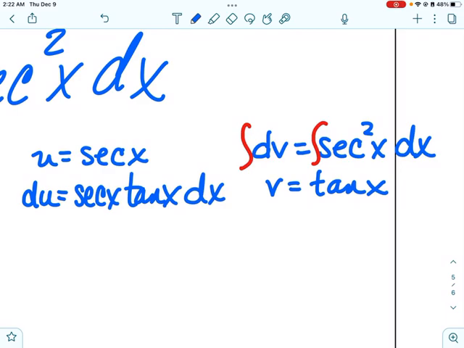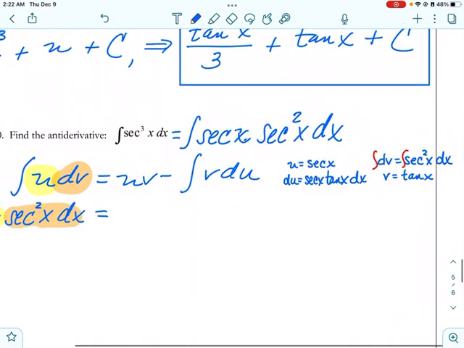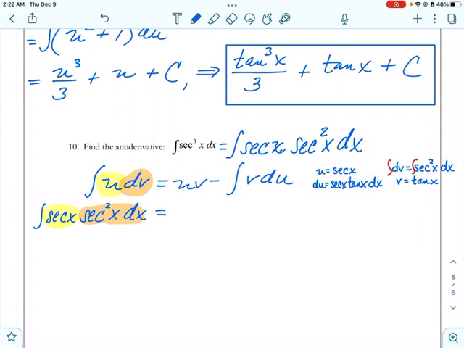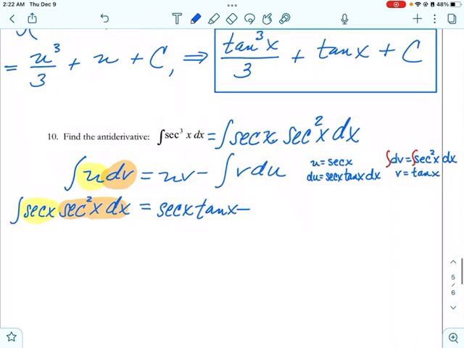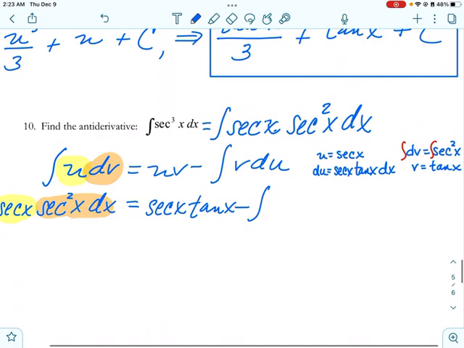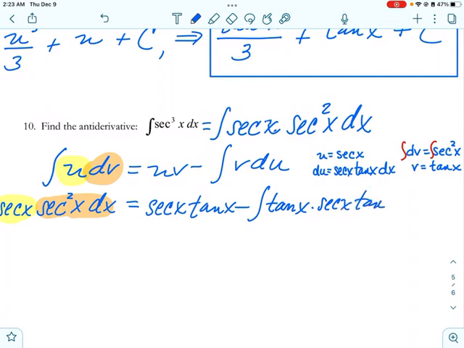So I have integration by parts all set up here, ready to go. So now I have uv, so I have secant x, and then v is tan x, minus the integral of tan x times secant x tan x dx.